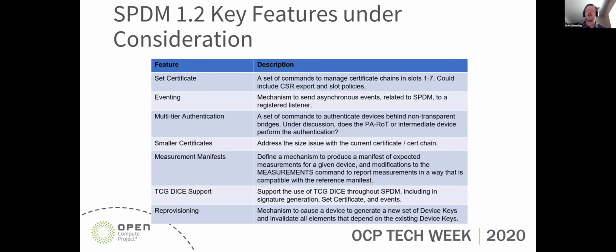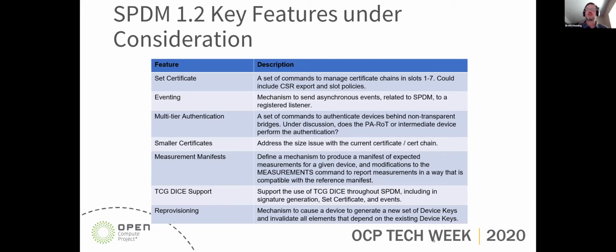Multi-tier authentication is also under consideration. This is a mechanism that's intended to let a PA root of trust find out information about devices that are behind a non-transparent bridge. That could be through some mechanism that crosses that non-transparent bridge, but the idea is to make those devices visible and authenticatable.